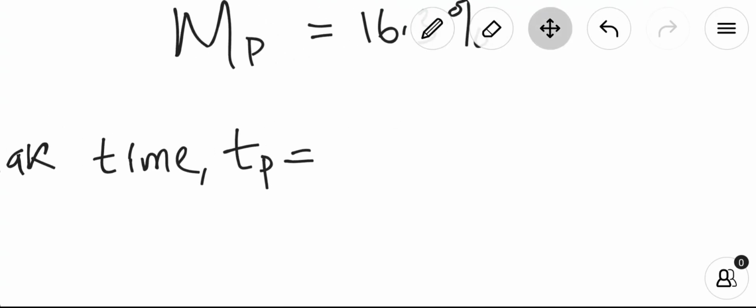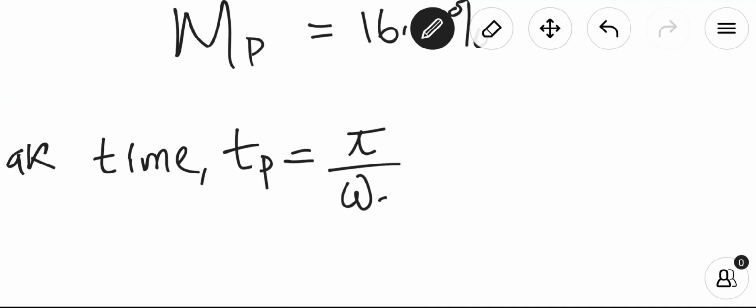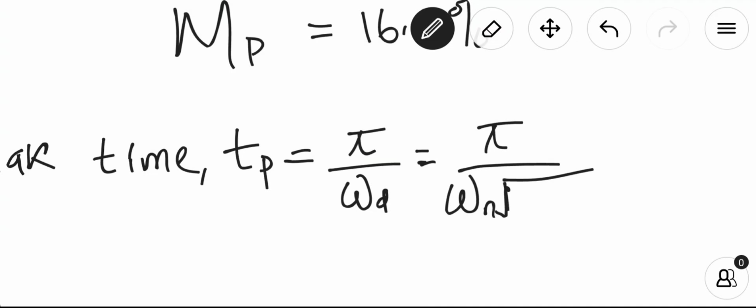Now for peak time, T subscript p gives you pi over omega subscript d, which is equal to pi divided by omega n times square root of 1 minus zeta squared.